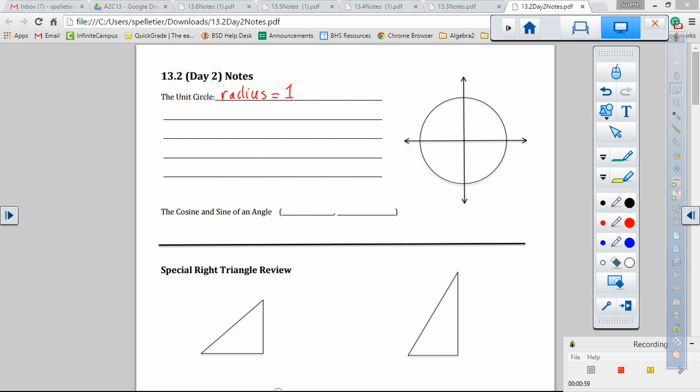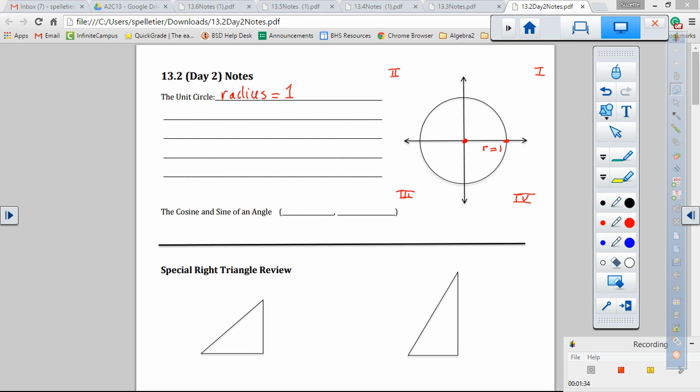That means the distance from the center to the outside edge of the circle, no matter where, is 1. And the origin, of course, is at the center of the circle. So that's the origin in the very center. This is quadrant 1, quadrant 2, 3, and 4.